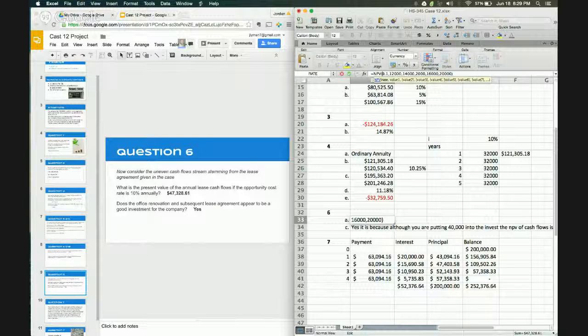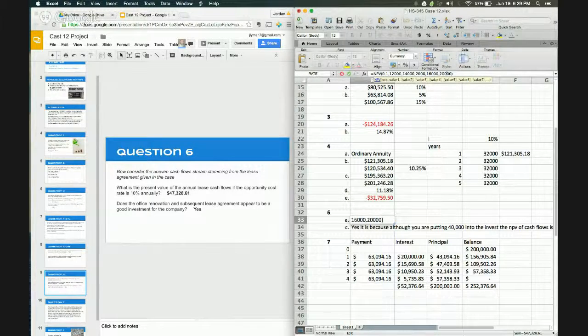So we have that 10% opportunity cost rate inputted for the net present value. Because we have this uneven cash flow, it's not like the other problem where we saw $32,000 over each year. Each cash flow was different. So you can see for year 1, we had $12,000, year 2, $14,000, year 3, $2,000, year 4, $16,000, and year 5, $20,000.